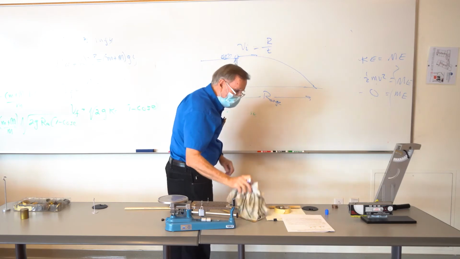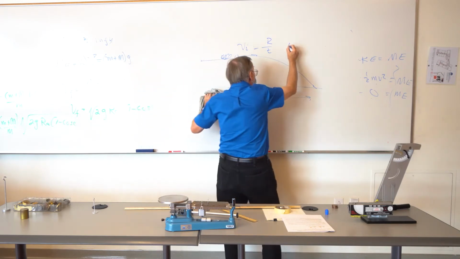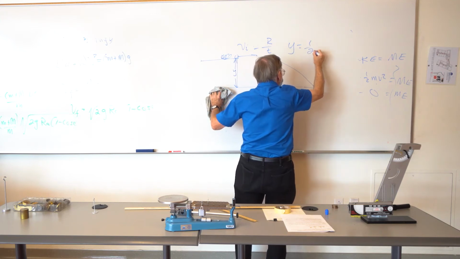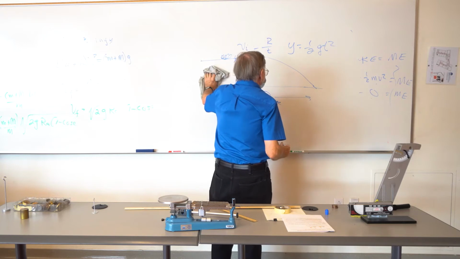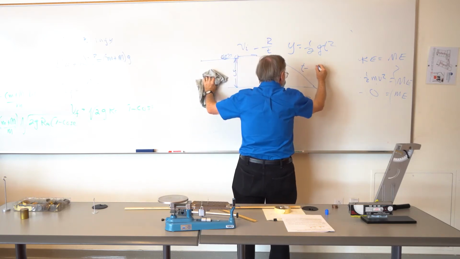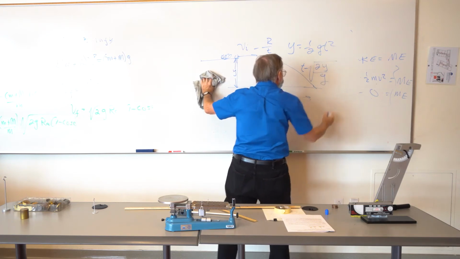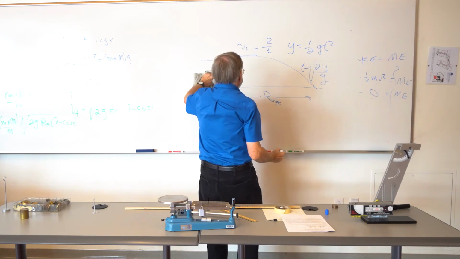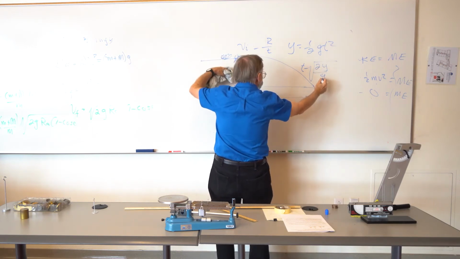You probably remember from our study of kinematics, for falling objects, y equals 1/2 g t squared. So we can get the time from this formula, t equals the square root of 2y over g. So if we measure y, divide by g, we can get the time it takes to fall through that distance.